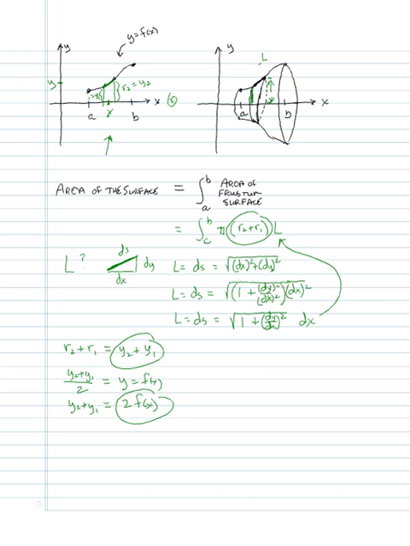So now we have the surface area of our object, and a lot of times we'll just put S for surface area, is equal to the integral from a to b of pi times 2 times the y value that's the average of the two radii, but that's f of x, isn't it?